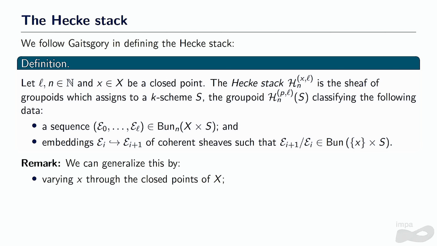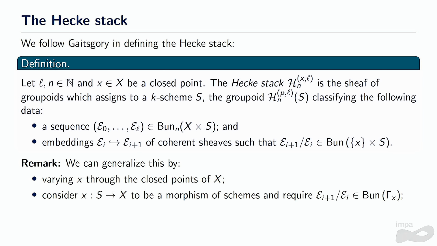Just as a comment, we can generalize this definition, allowing x to vary in the curve, or x to be a map from S to X, and ask for the quotient to be a bundle on the graph of this map.